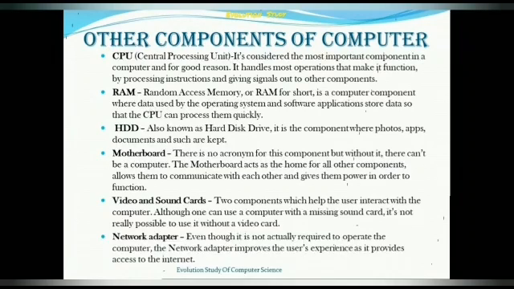Now, the other components of the computer include CPU or the central processing unit. It is considered the most important component in a computer, and for a good reason. It handles most operations that make it function by processing the instructions and giving signals out to the other components. RAM, Random Access Memory or RAM for short, is a computer component where the data used by the operating system and the software application is stored so that the CPU can process them quickly.